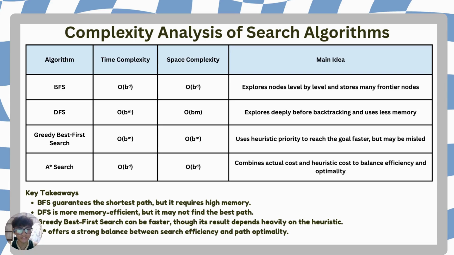DFS explores deeply first, so it may use less memory, but it may not find the best path. Greedy best first uses a heuristic to move closer to the goal, but it can sometimes choose the wrong way. Meanwhile, A-star combines the actual path and also the heuristic cost, which helps to balance efficiency and accuracy.